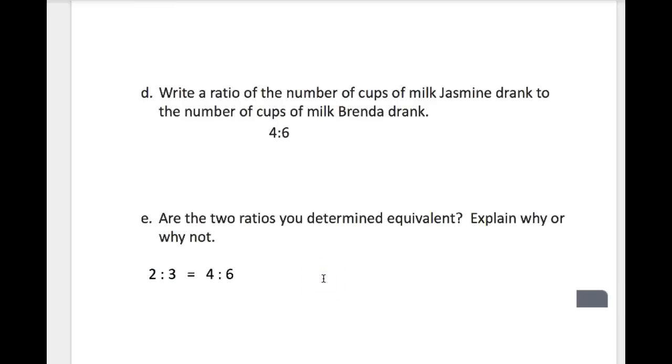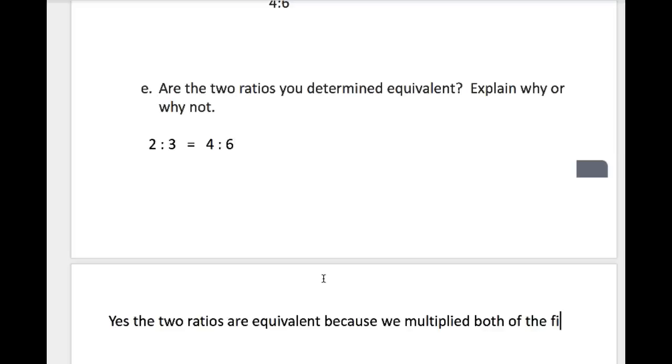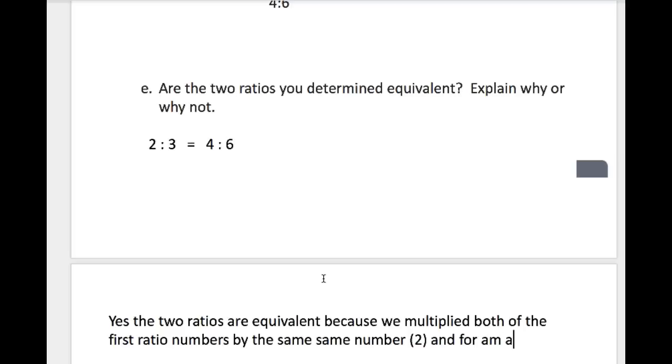So if we explain what we just drew, we would say, yes, the two ratios are equivalent because we multiplied both of the first ratio numbers by the same number, and that number was 2, and for an answer, it was the second ratio.